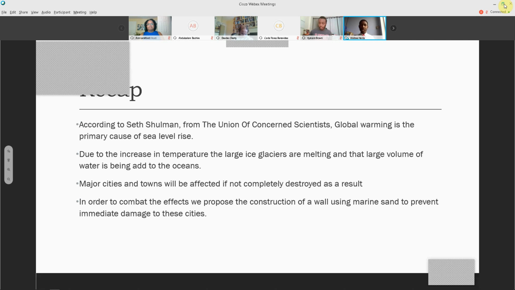That is what is happening now as our ice glaciers melt. That volume of water is just being added to our oceans, causing it to rise. We can expect major cities and towns to be affected, if not completely destroyed, as a result. And in order to combat the effects, we decided to construct walls using this marine sand.